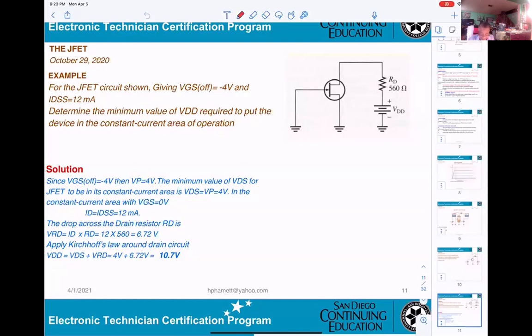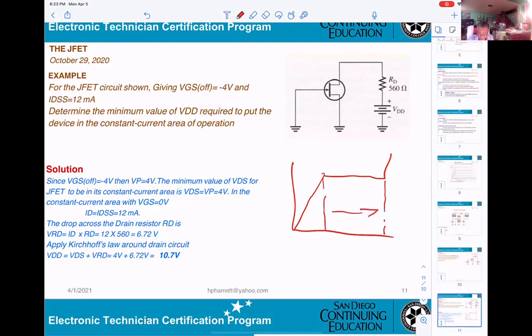We already said it before. This is the constant current right here, and the value here for the ID. And what is the value here? This VDS will be VP, pinch off.